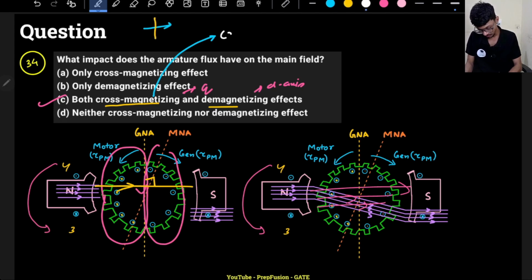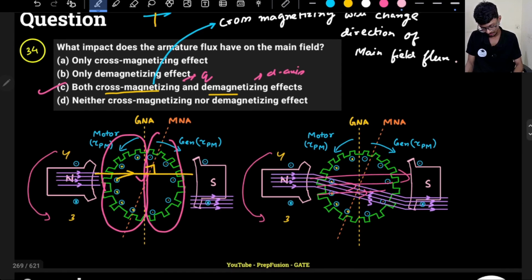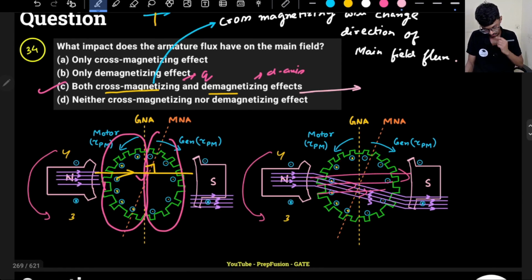So cross magnetizing will change the direction of the main field flux, and basically demagnetizing will weaken the main field flux.